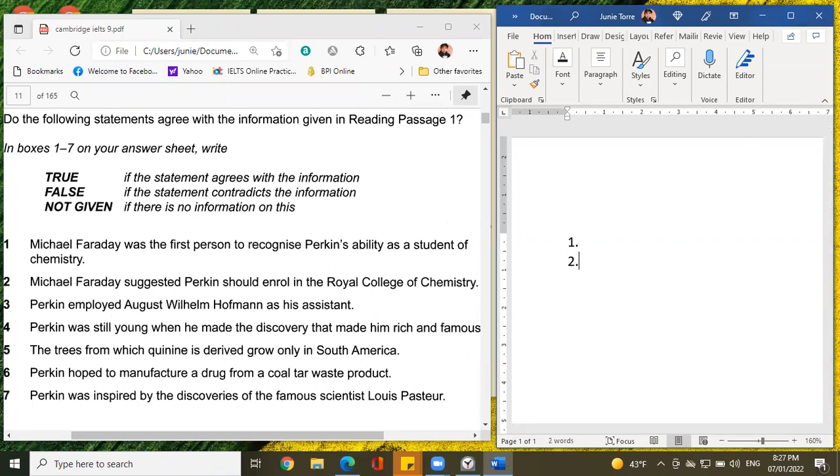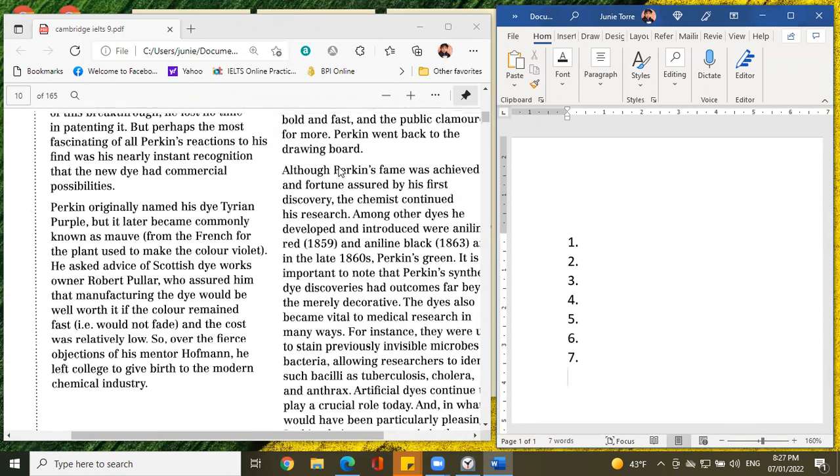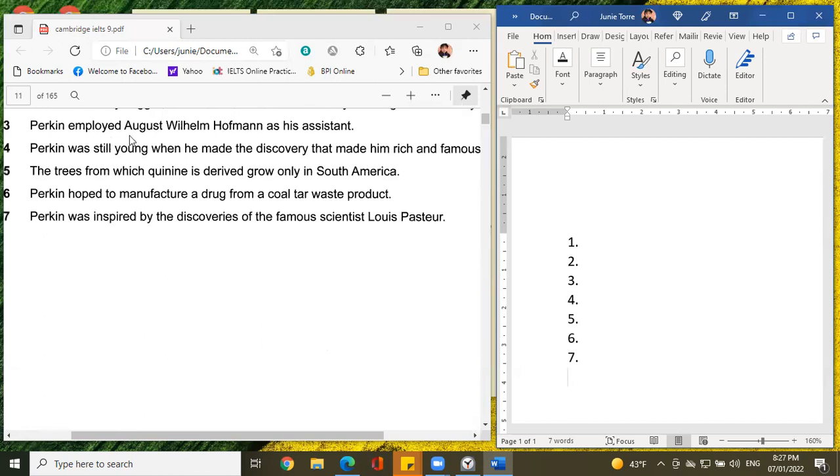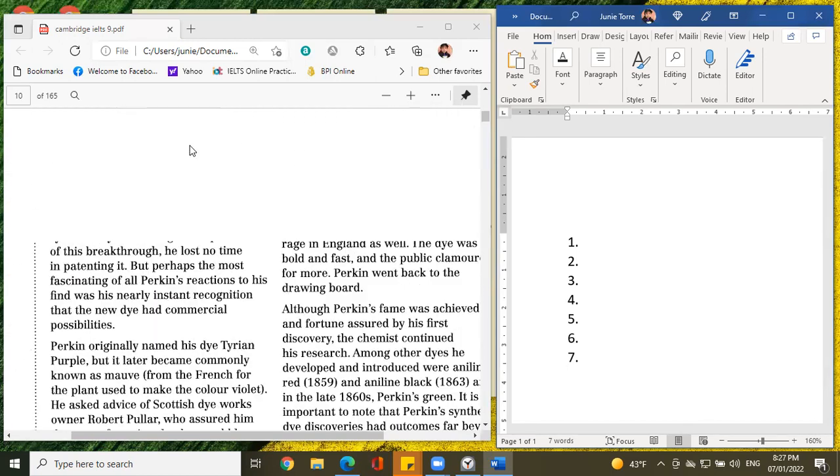So that will be 1, 2, 3, 4, 5, 6, 7. Okay. So we will now look for Michael Faraday's. So that's how it goes, guys. That was the first question, so most likely it is in the beginning of the reading passage.